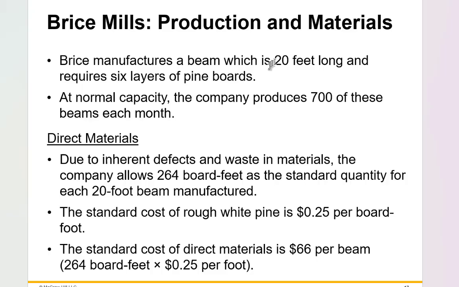Remember, the 20-foot beam requires 6 layers of pine boards. The standard cost of rough pine is 25 cents per board foot. The standard cost of direct materials for the beam is $66. That's 264 feet, the standard quantity, times 25 cents per foot. That establishes the standard cost associated with materials.